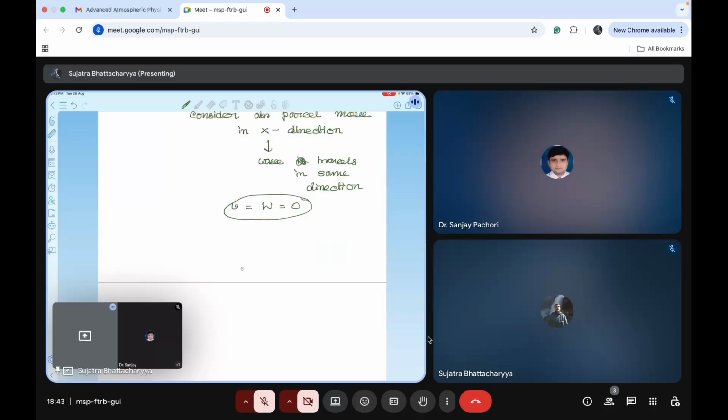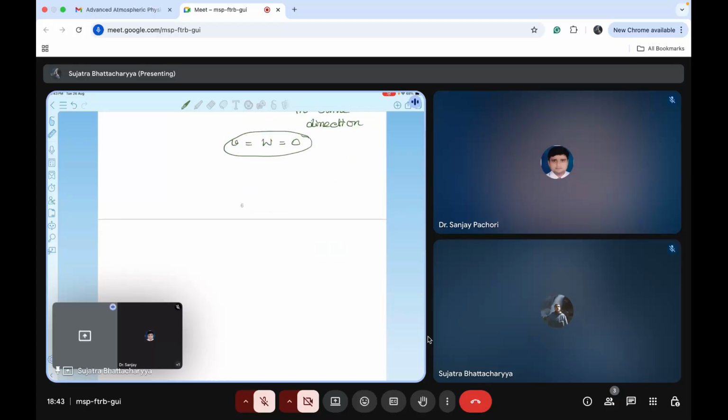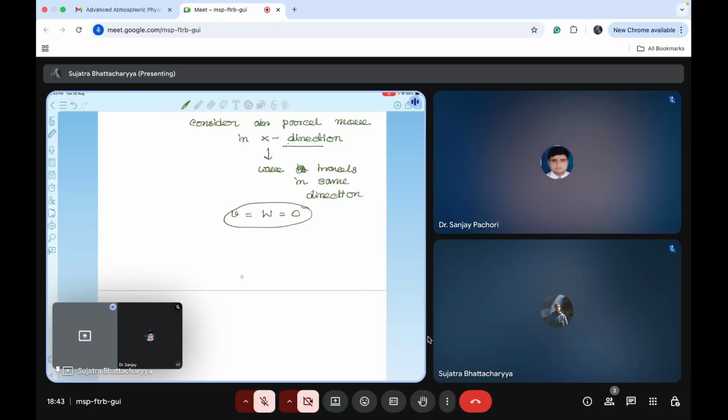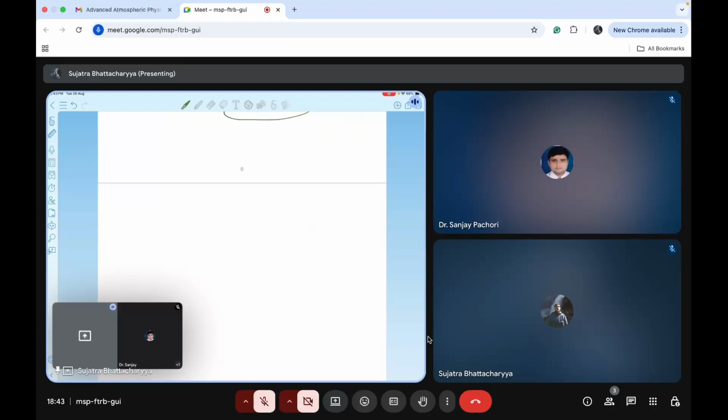First point. Okay. And since we are again talking about the x direction motion, we will use only the zonal momentum equation. So what is the zonal momentum equation? Du/dt plus 1/rho ∂p/∂x is equal to 0.